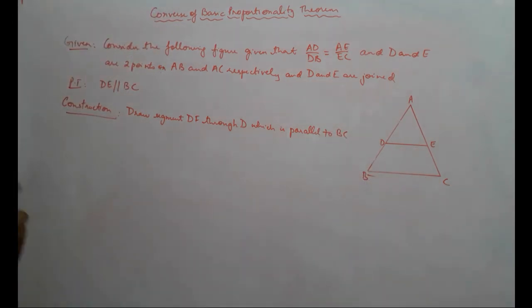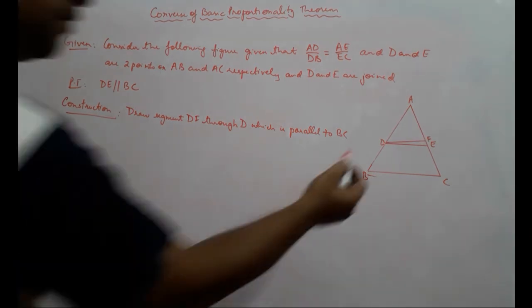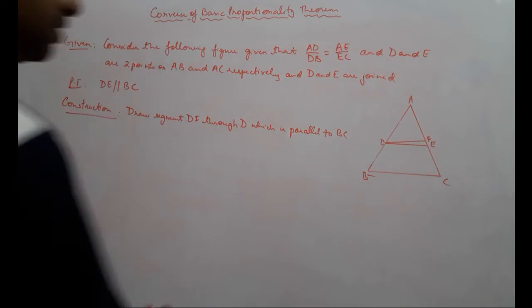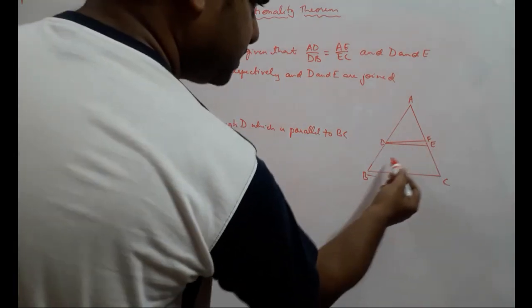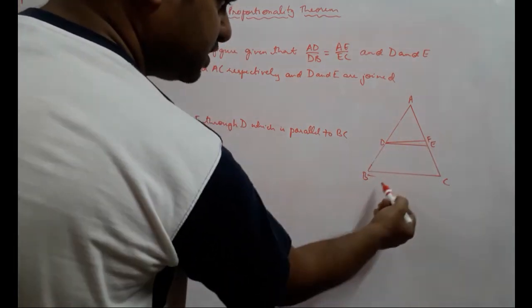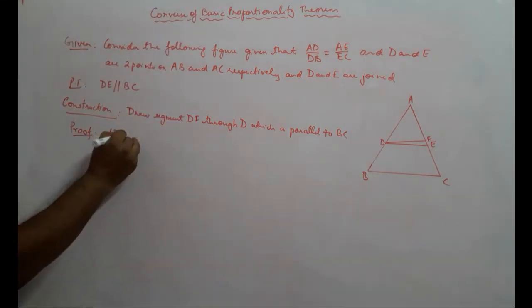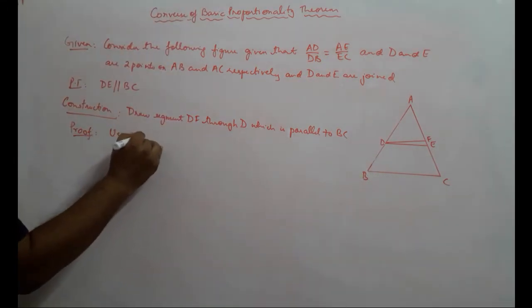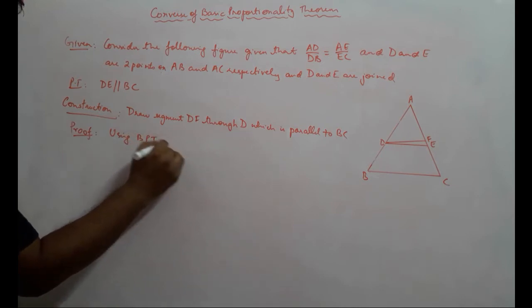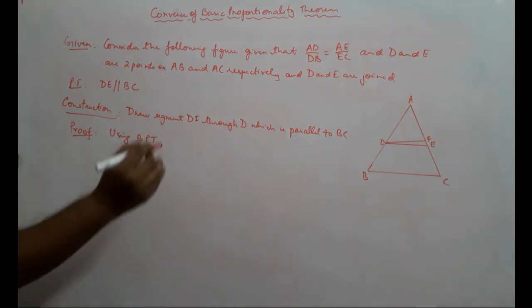Let us construct that. So here we go, we have constructed DF, and we have assumed through construction that DF is parallel to BC.